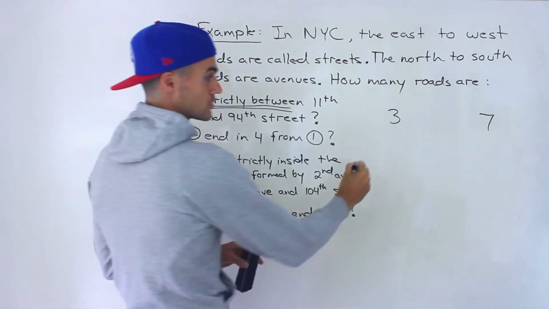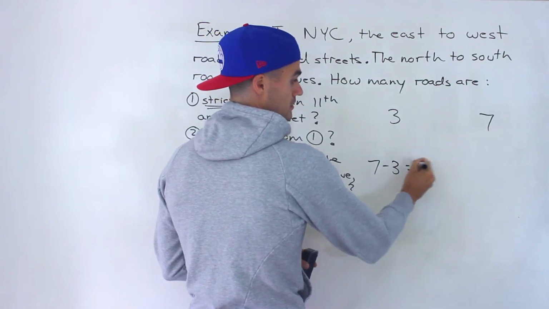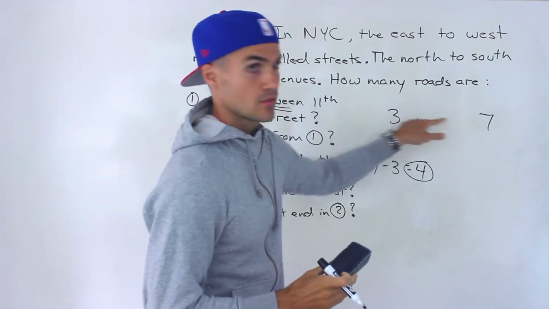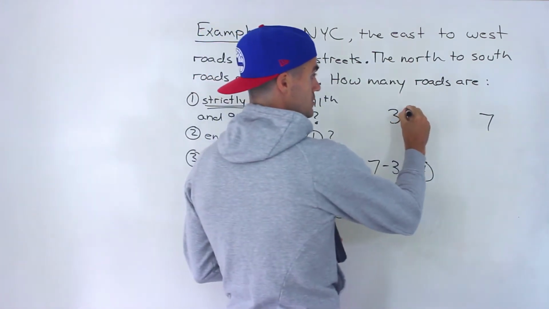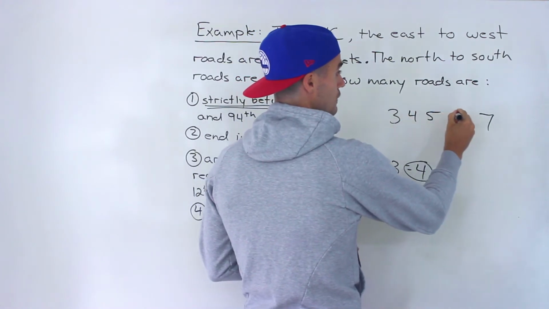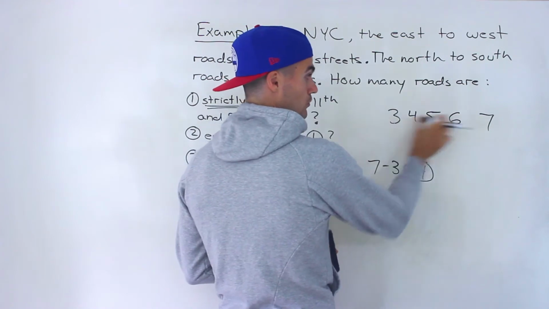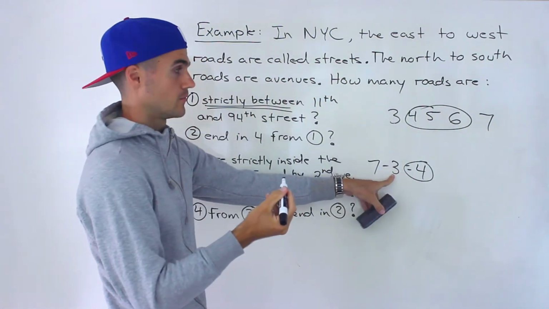Now you got to be careful because you wouldn't just subtract these. The answer would not be 4 because they're asking strictly in between them, so it's not inclusive of the ends. If we write out the numbers, notice 4, 5, 6, and then 7. So how many numbers are there strictly between 3 and 7? Well, there's 3 numbers, not 4.